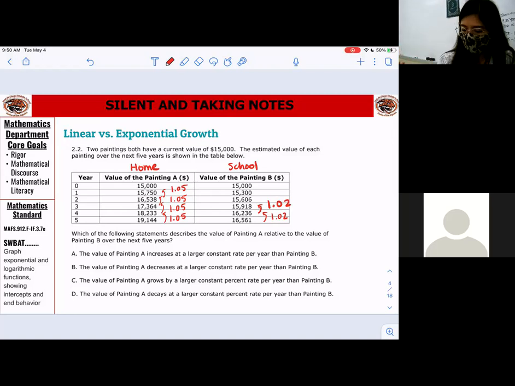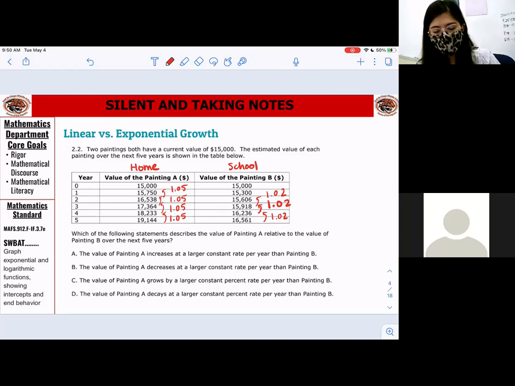Okay. So 1.02 versus 1.05, which one has a greater rate? Painting A or painting B? Which one has a greater rate? Painting A. So we know painting A is going at a larger rate. Is it increasing or is it decreasing? It's increasing, right? It started at $15,000 and then by 5 years later, it's almost at 20,000.